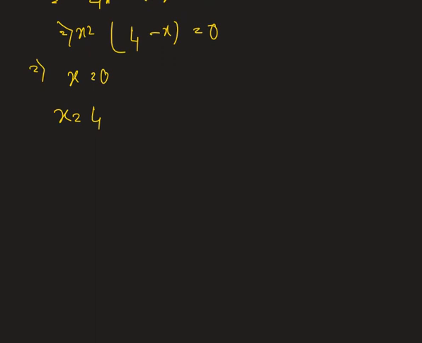But we need to find how many values of x are in the closed interval minus 4 to minus 1. In this closed interval we do not get any value of x, because x takes the values 4 and 0, both of which are greater than any value in the interval minus 4 to minus 1.